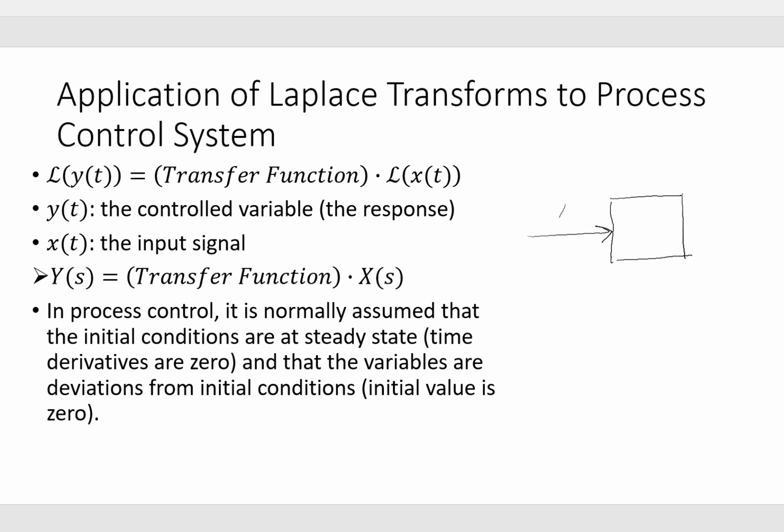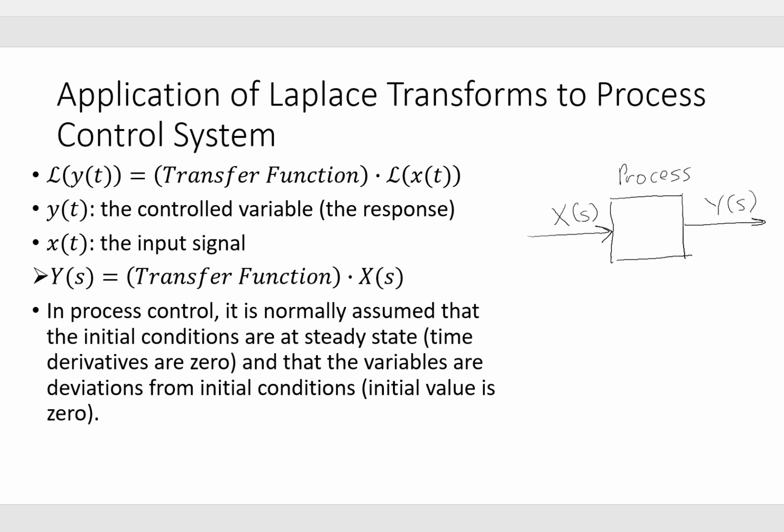This is represented in the Laplace domain as x of s, and the output of the process, and this is represented as the dependent variable y of s. And the process itself is represented by this block. Inside the block, we'll put the transfer function.